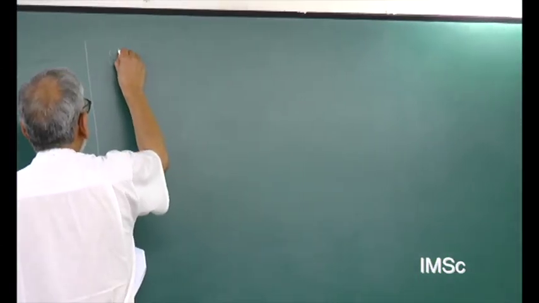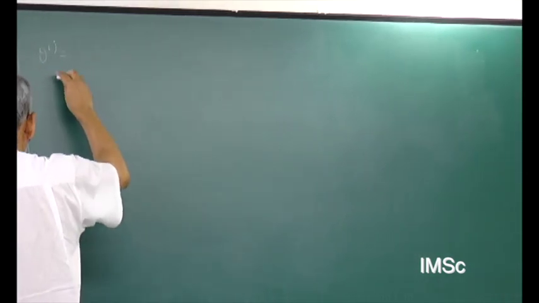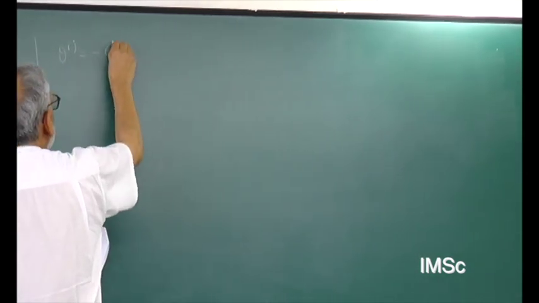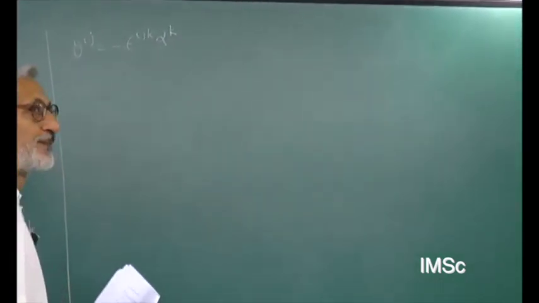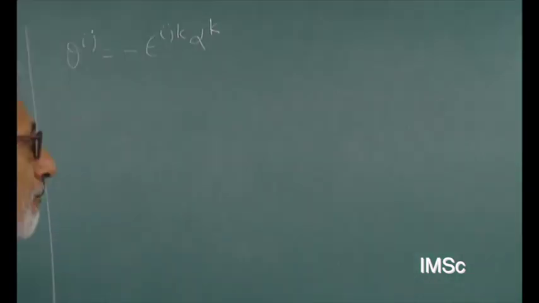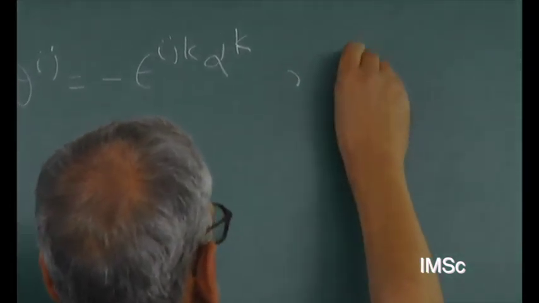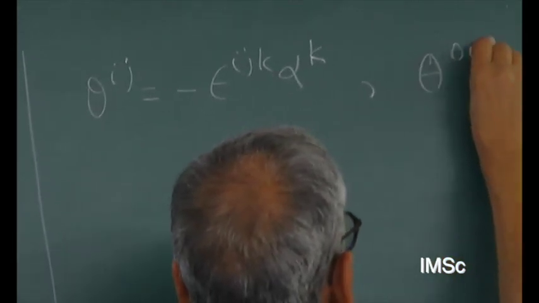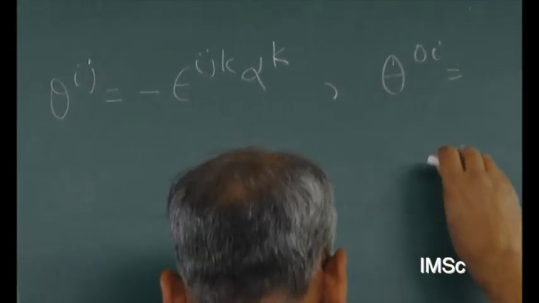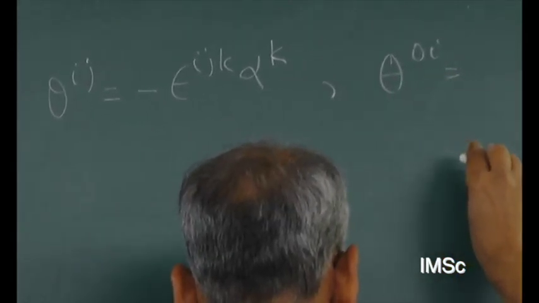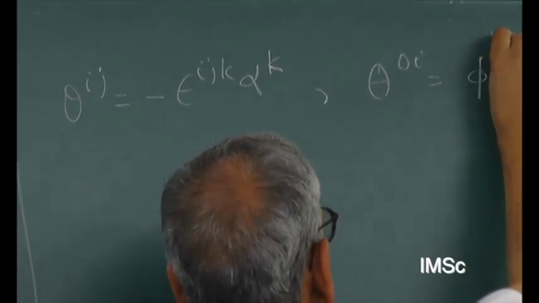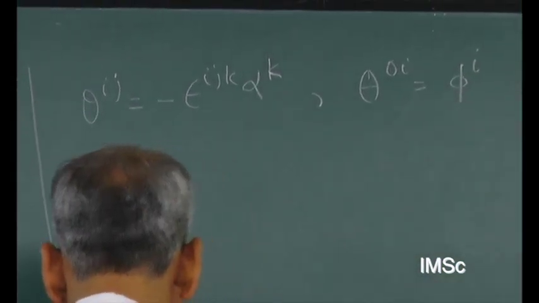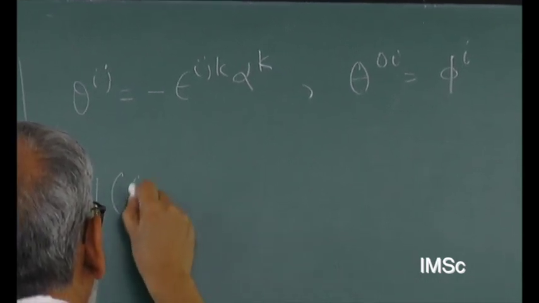Write theta ij to be minus epsilon ijk alpha k, and theta 0i as phi i. Then what happens to U theta?